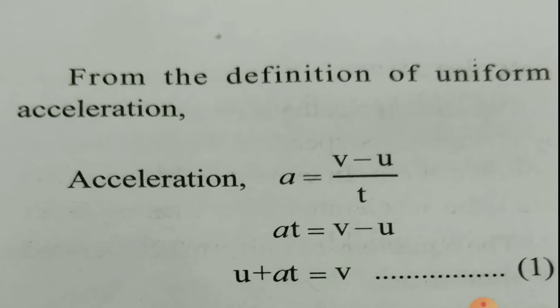Change of velocity means V minus U by T. Therefore, acceleration is equal to V minus U by T. Taking T to the other side of the equal sign, you will get AT is equal to V minus U. Keeping the final velocity V on one side, bring the initial velocity to the other side of the equation. Then you will get V is equal to U plus AT. This is how you derive the first formula.